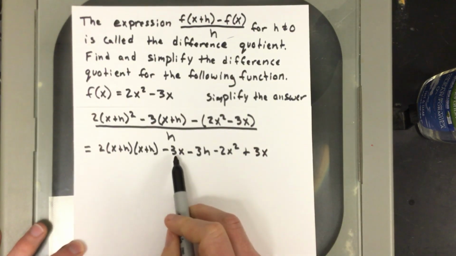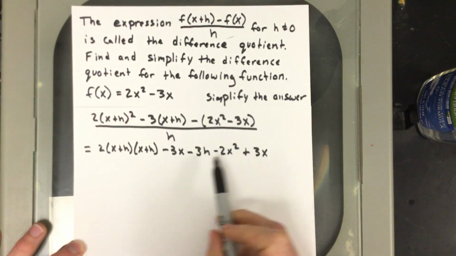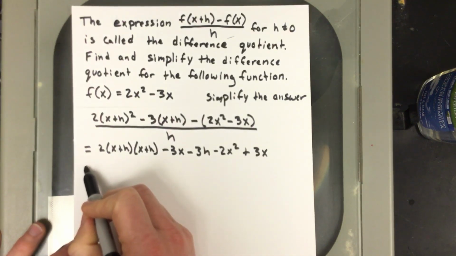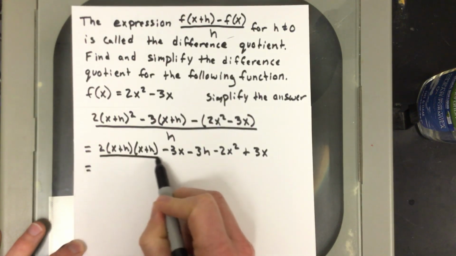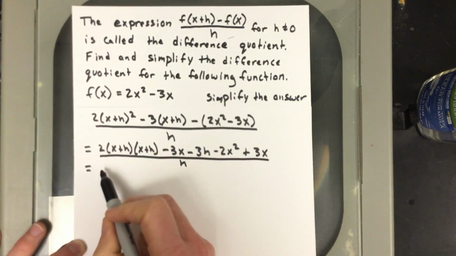And as you can see, the negative 3x and the 3x, we can simplify those down if we want. I'll probably wait till the very end to do that. This is all over h. So then we have equals.